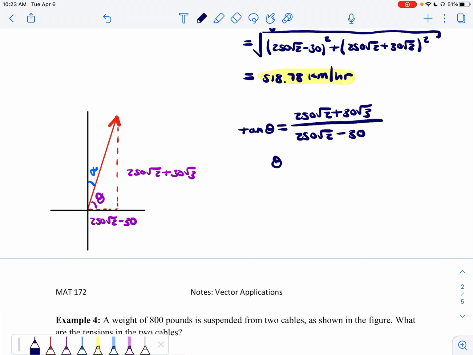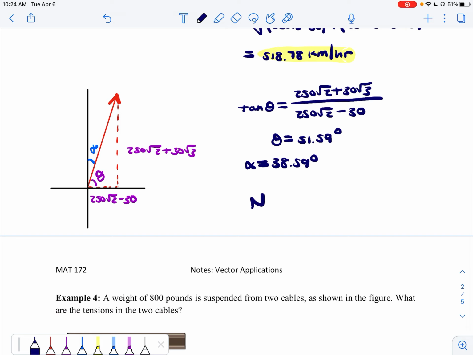Plugging that into our calculator, taking the inverse tangent, we would come out with 51.59 degrees. Now again, that's the angle theta inside our triangle. We want to know this angle alpha relative to north. So alpha, which we would just subtract the 51.59 from 90 degrees, would come out with 38.59 degrees.